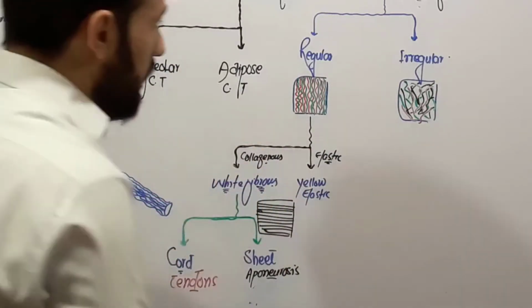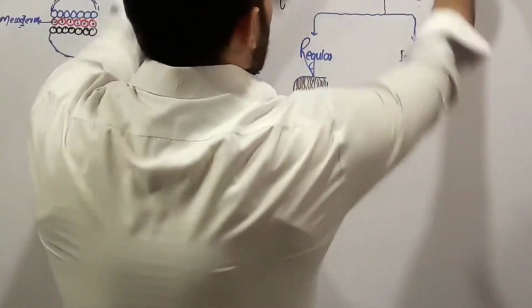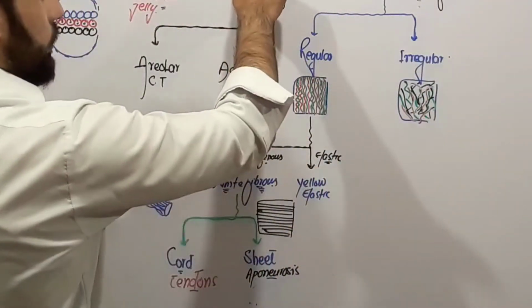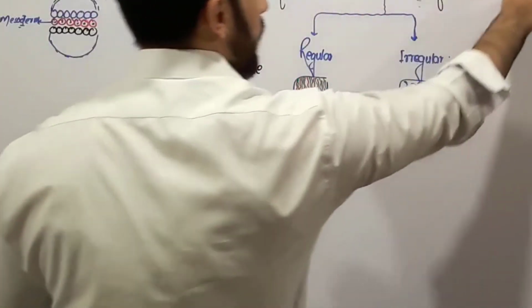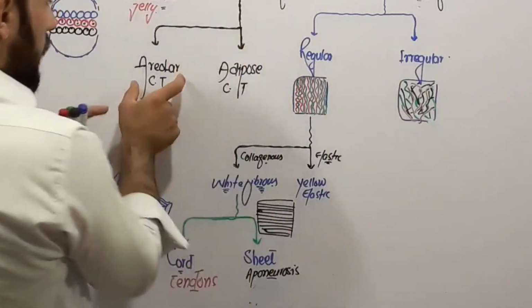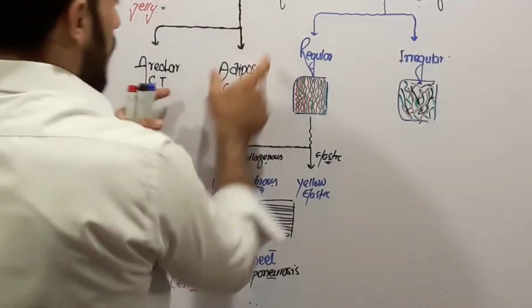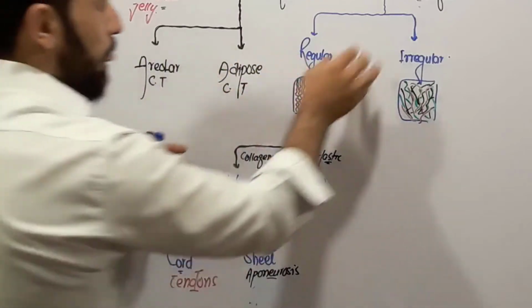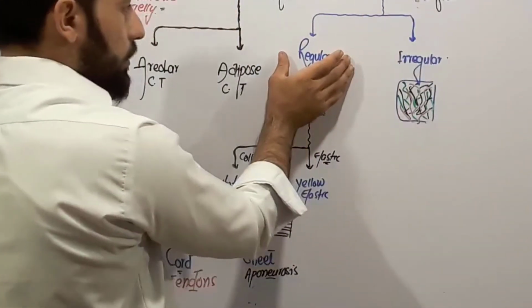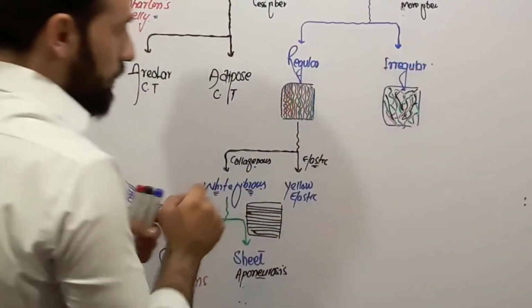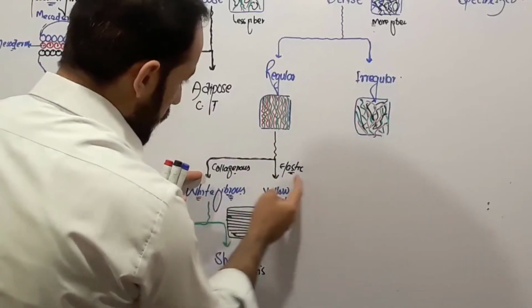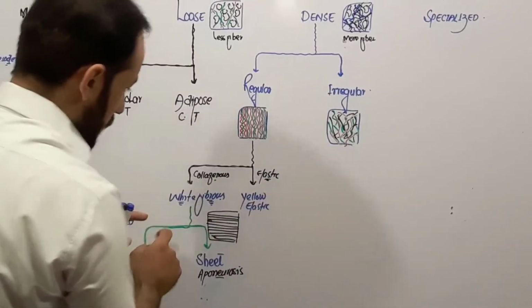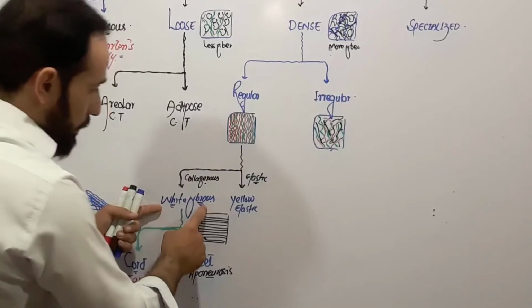Let's come once again. We say that adult connective tissue is divided into three types: the loose, the dense and the specialized. The loose is divided into areolar tissue and adipose tissues. The dense connective tissue is divided into regular dense and irregular dense. The regular dense is divided into collagenous and elastic. Collagenous is also known as white fibrous.